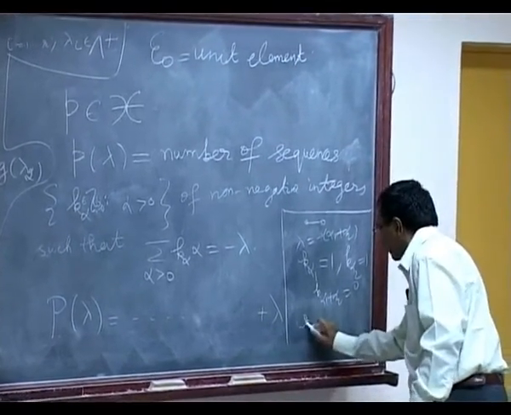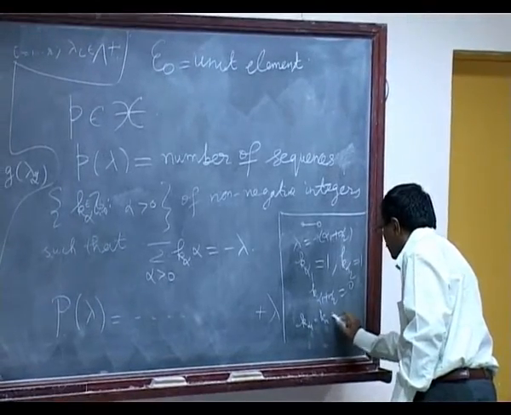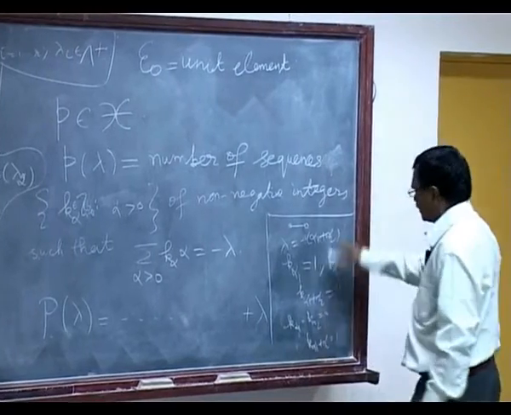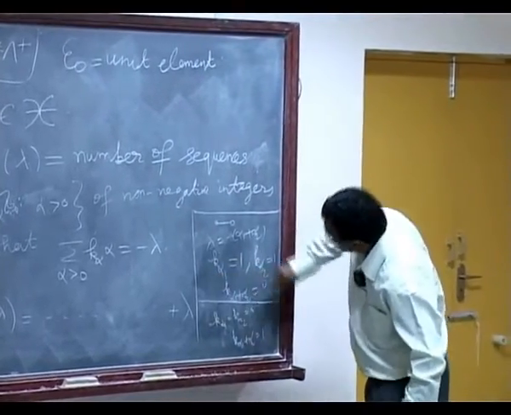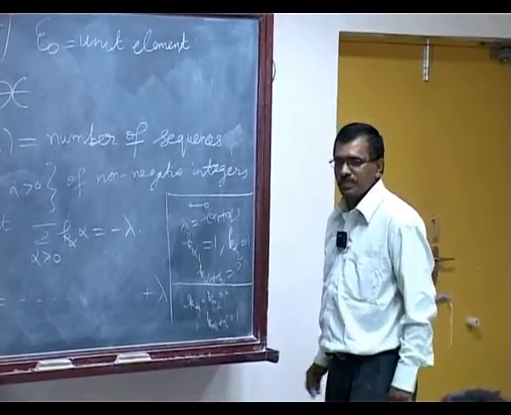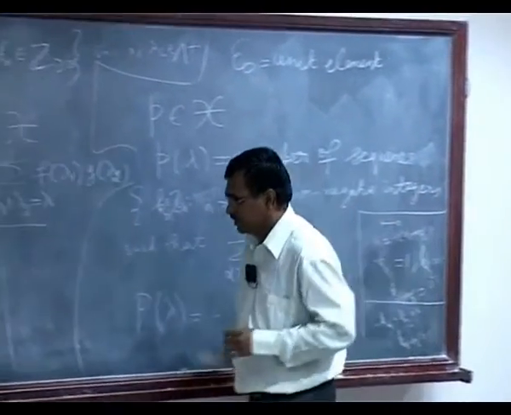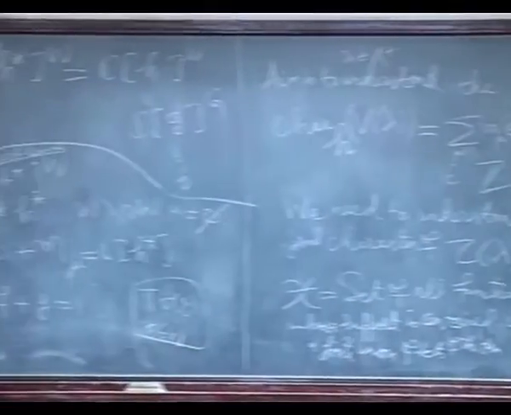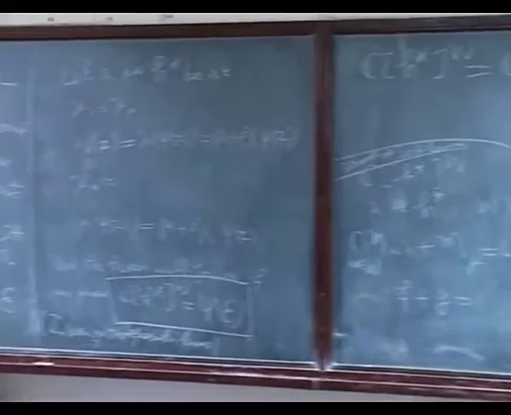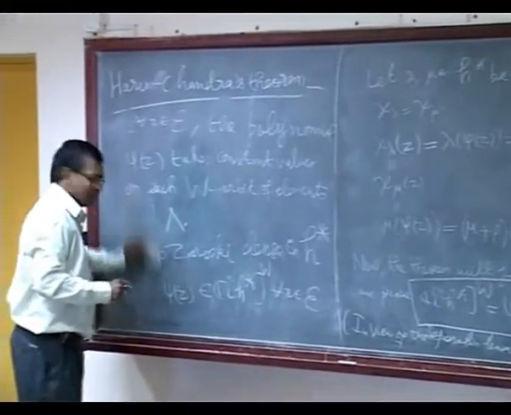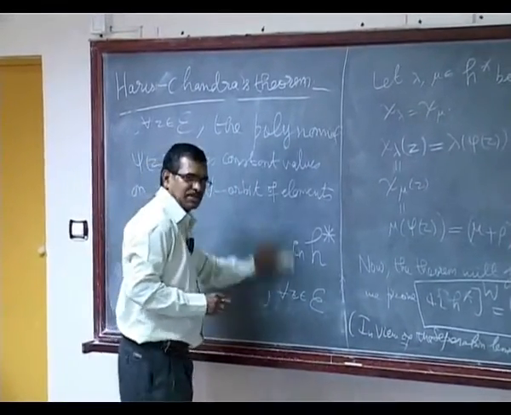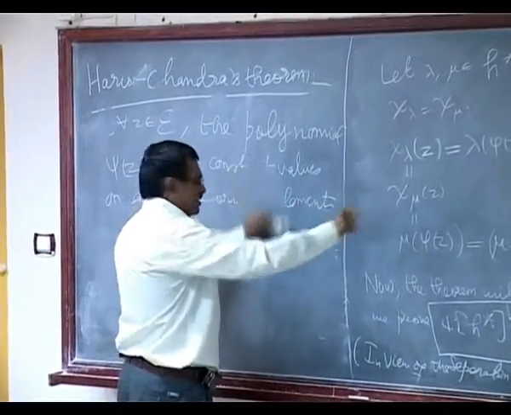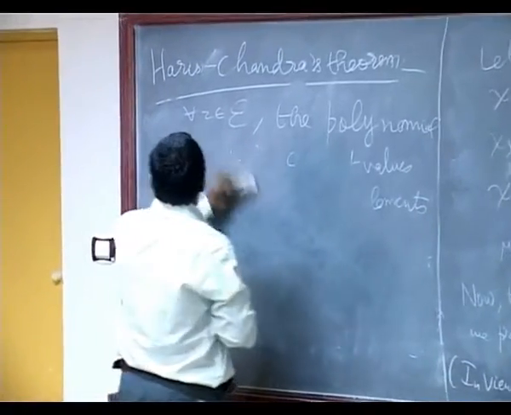And then k alpha 1 equal to k alpha 2 equal to 0, and k alpha 1 plus alpha 2 to be 1. So, this is one sequence, this is another sequence. There are two sequences having this property. That has some meaning: the dimension of the Cartan subalgebra of SL3 is 2. Even though I have written it combinatorially, it has that meaning.